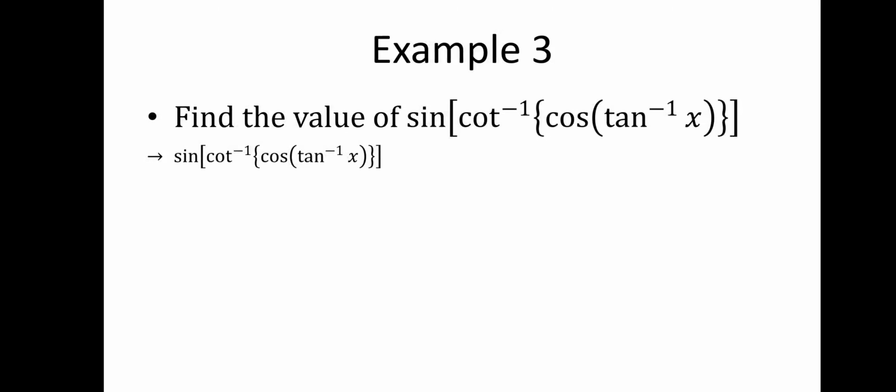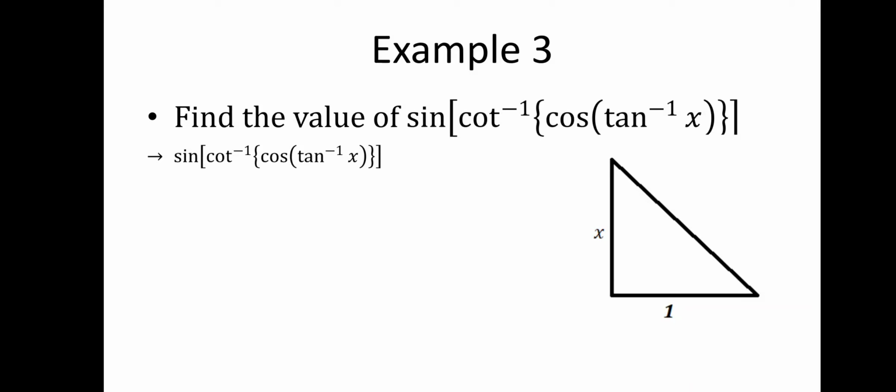Now just remember that tan inverse of something can always be considered as tan inverse of perpendicular by base. I told you. So if tan inverse x, that means x is your perpendicular and nothing in the denominator means 1 is the base. So in that case I can consider this triangle. 1 is the base, x is the perpendicular.